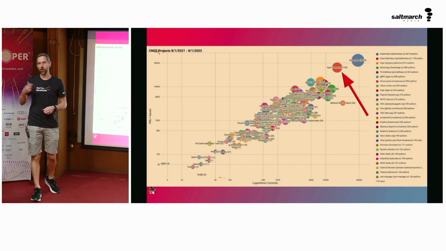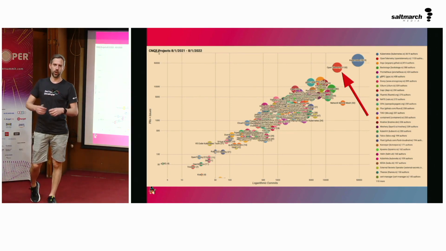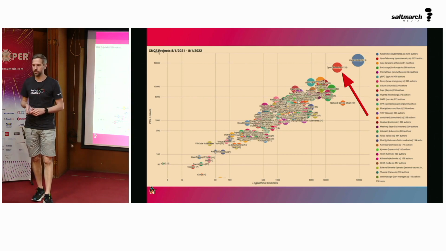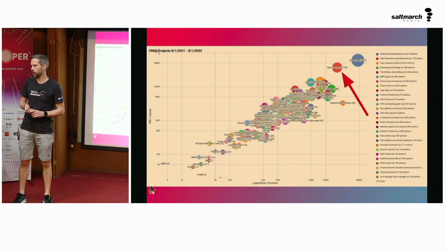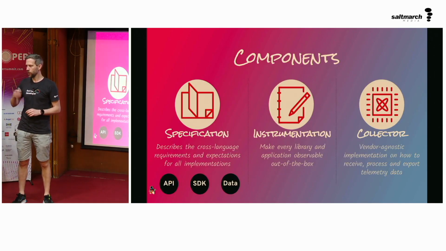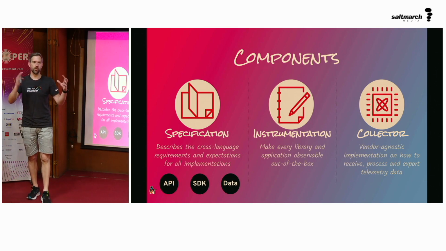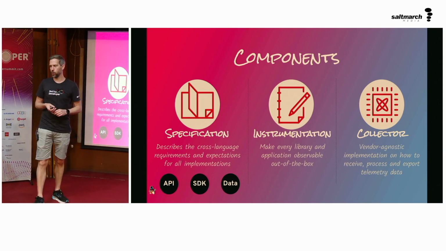So this really shows that there was a real need for industry-wide standardization for doing telemetry and observability. In OpenTelemetry, we have three main goals, three components that we're looking at.